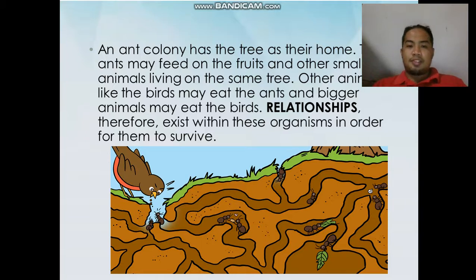The ants may feed on the fruits and other small animals living on the same tree. Other animals like the birds may eat the ants, and bigger animals may eat the birds. Relationships therefore exist within these organisms in order for them to survive, a process of how they live and interact.